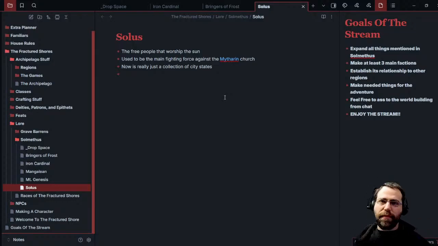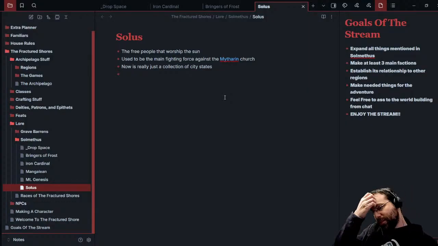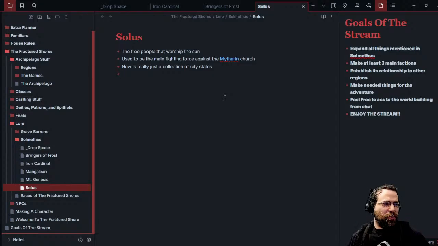And I'm making a separate region, which I've already made before in the past, but I'm doing a little bit of extra work on it now to establish things more broadly, so that when people ask me questions like, hey, what is this about, the Soulless people, or the Matharan church, or whatever this plague was in the Grave Barrens, what are these things? I can give some very basic notes of like, yeah, you would know this, no matter what.